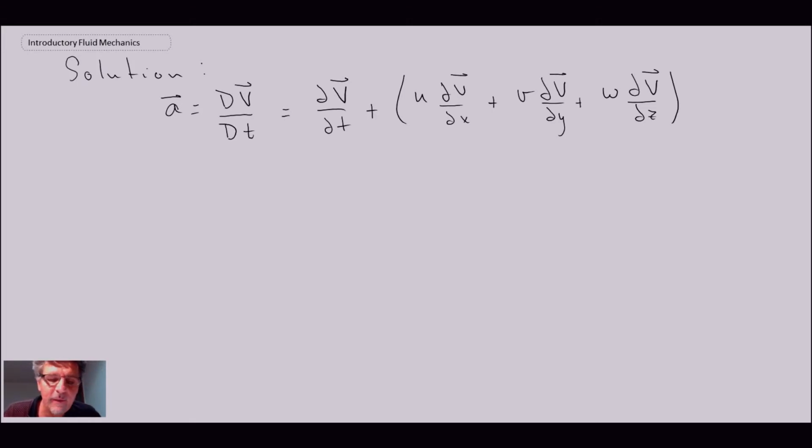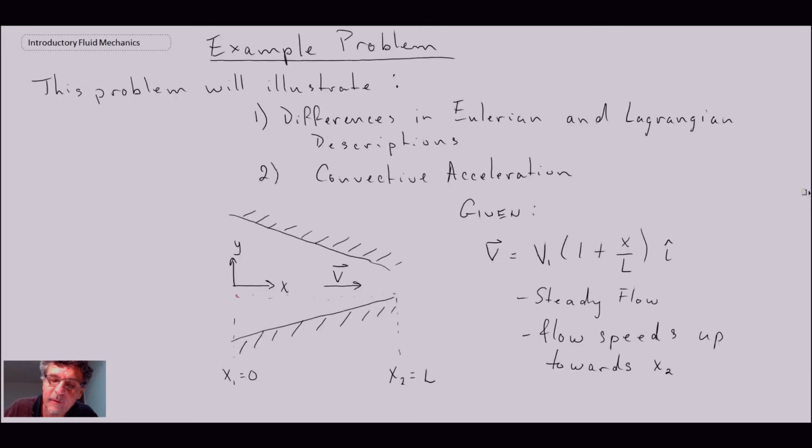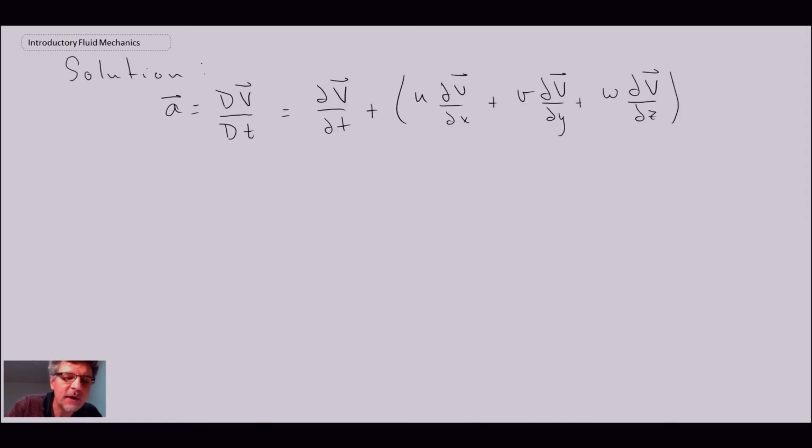Examining this, there are a couple of things we can do right off the bat. If you look back at the formulation we had for the velocity, there was no time in it, which means it was steady, as we said here. So going back to our expression, that term goes away.